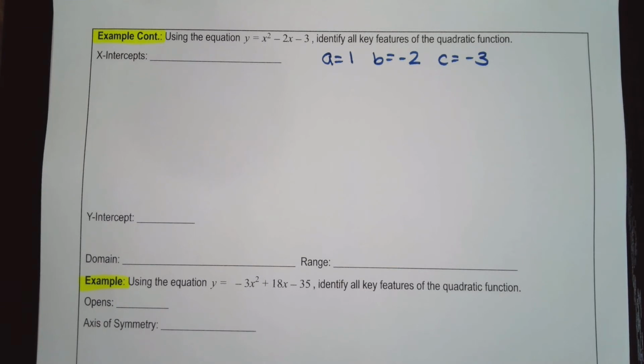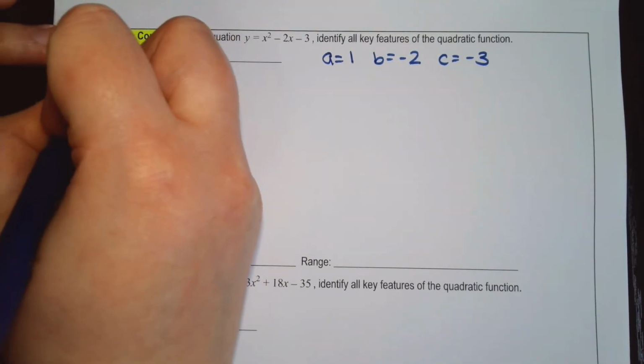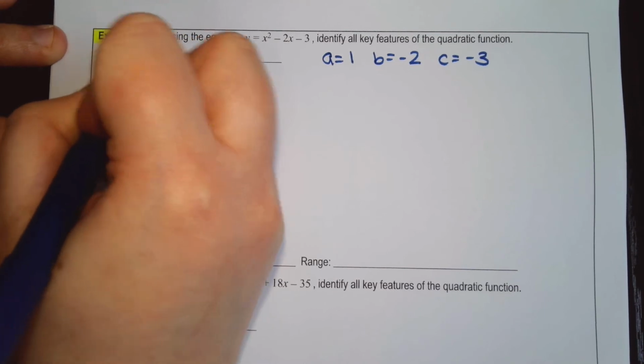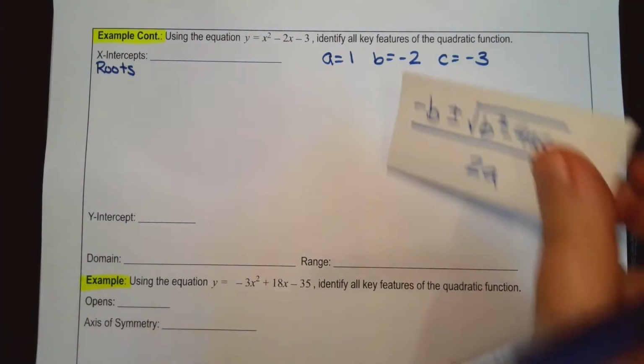So we're still using the same equation, y equals x squared minus 2x minus 3. My a is 1, my b is negative 2, and my c is negative 3. For the X-intercepts, also known as the roots, we're going to use the quadratic formula.